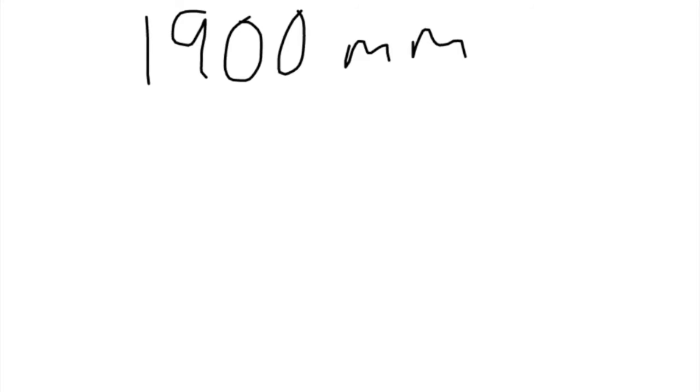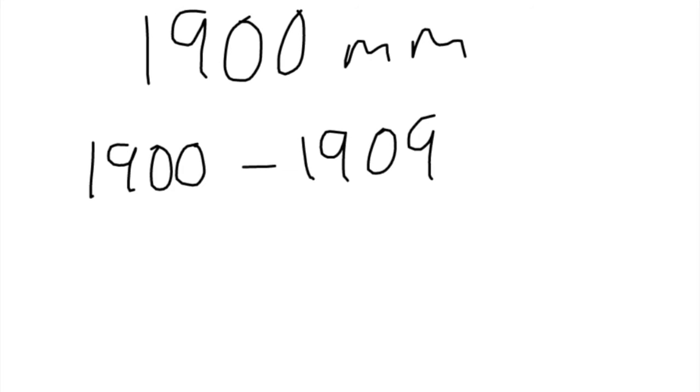This person could be anywhere from 1900 to 1909 millimeters, but we just don't know. To wrap this example up, try to understand why only 3 of the digits are significant and why only those digits have any meaning. We will work through more examples to solidify this idea of precision and significant figures.